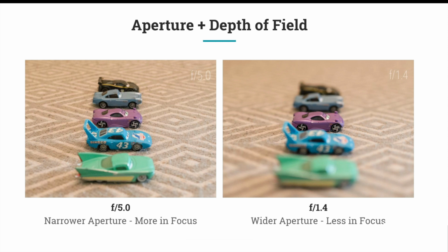Everything that is parallel to the camera's sensor, that is what we're talking about when we say the focal plane. It's a straight line parallel to the camera's sensor, and that's how much is in focus there. How deep does that space that's in focus go? That's what we're talking about when we say we have a narrow or a wide focal plane.